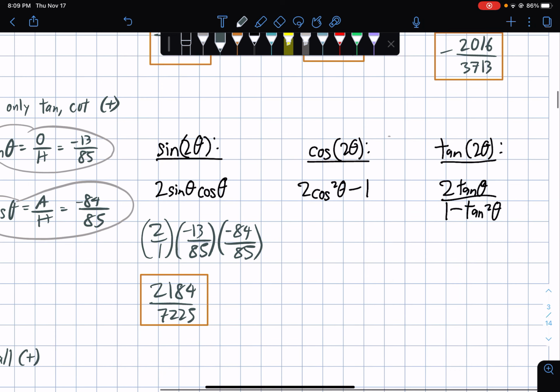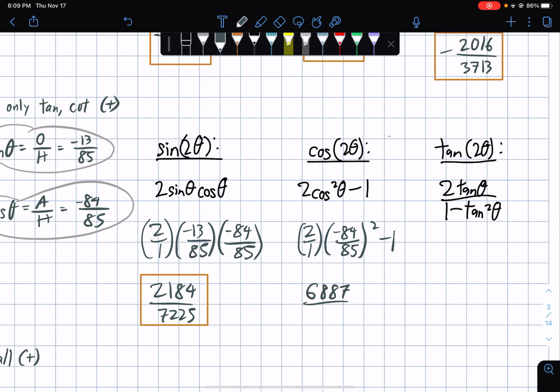And for cosine 2 theta, we have 2 over 1 times negative 84 over 85 raised to 2, then minus 1. We have 6,887 over 7,225. That's the final answer.